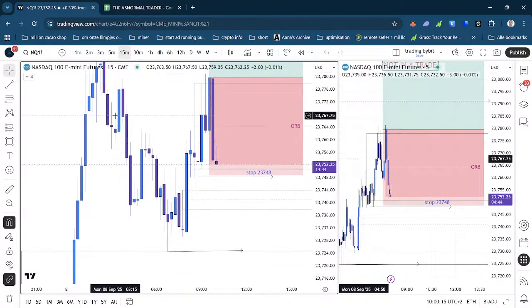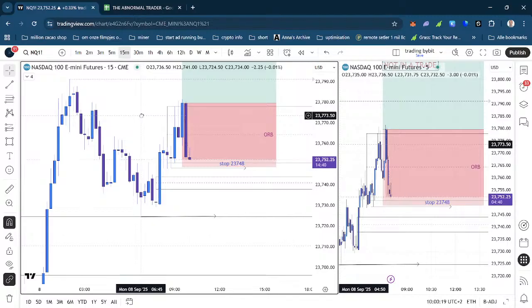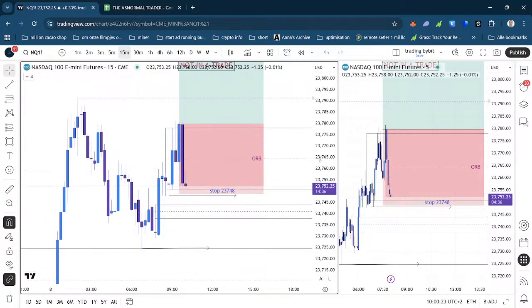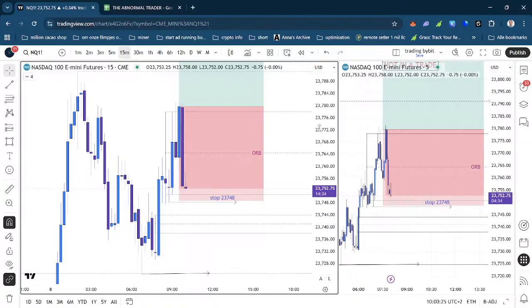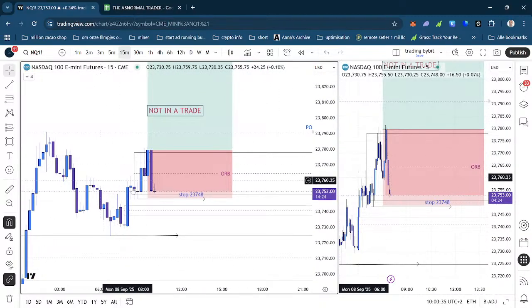This is the strongest candle we've seen in the whole session, so that was a good play.